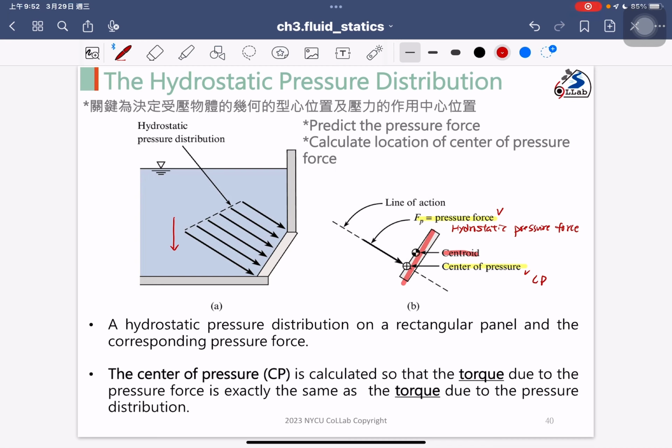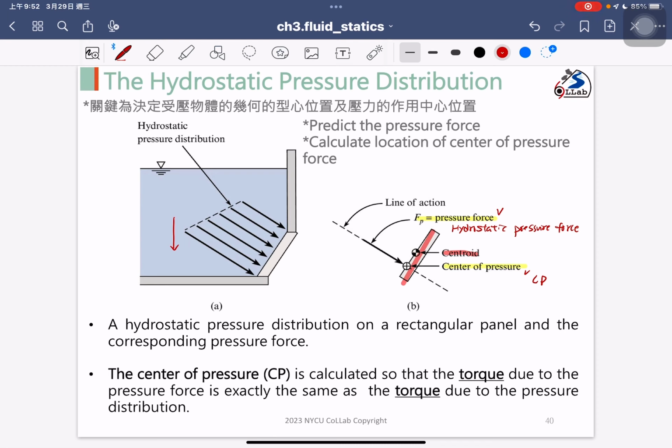In the next class, we will introduce how we can know the FP magnitude and how we can determine the CP location.